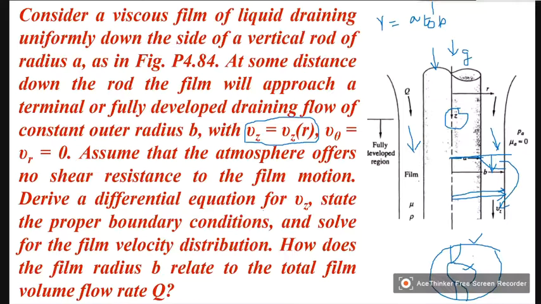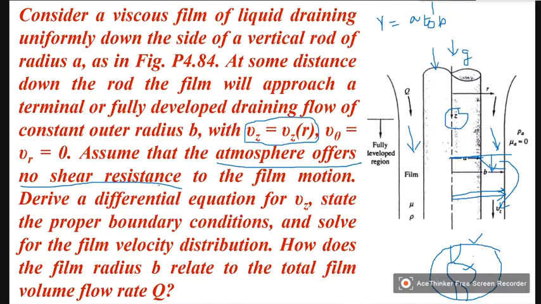Assume that the atmosphere offers no shear resistance. So again, why is this statement given? What is the purpose of this statement? What will you understand from this statement? Shear resistance 0.